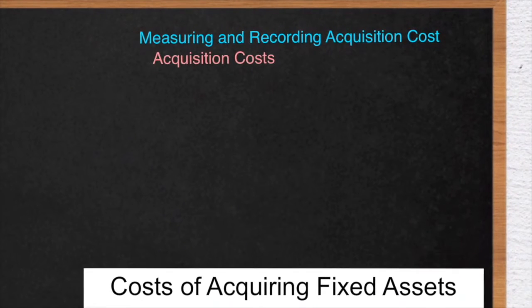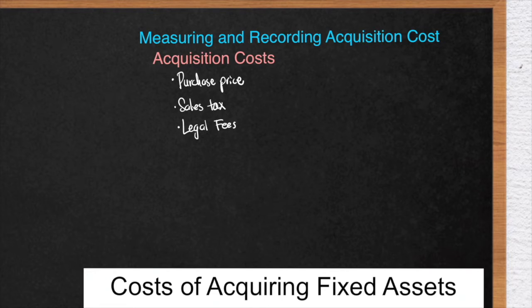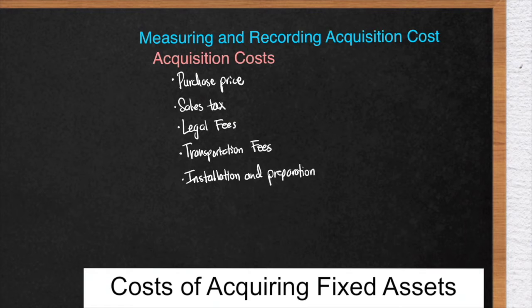Measuring and recording acquisition costs. Acquisition cost, this is important because it's not just the purchase price of the asset that gets recorded, but other things as well. So along with the purchase price, you want to also include the sales tax, if there were any, legal fees involved, transportation fees, and installation, and preparation to get that asset in working order.